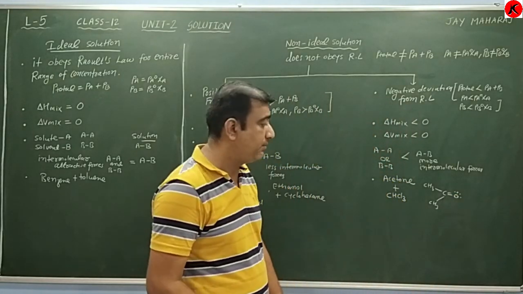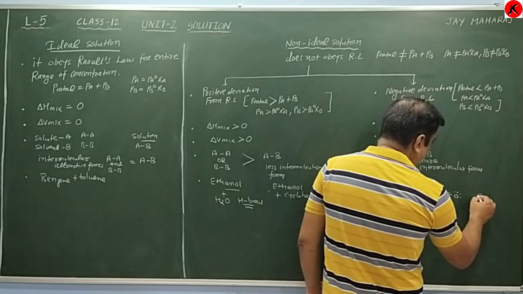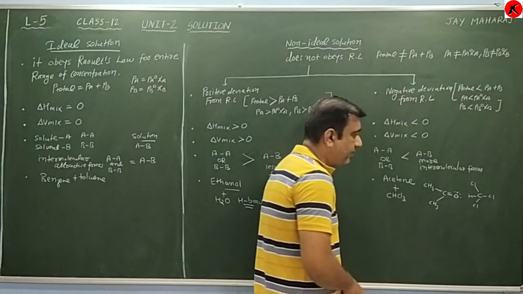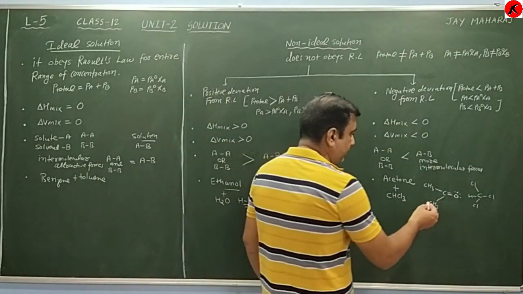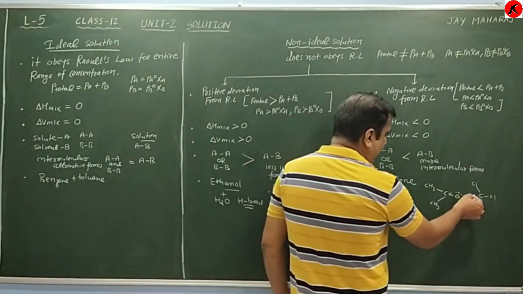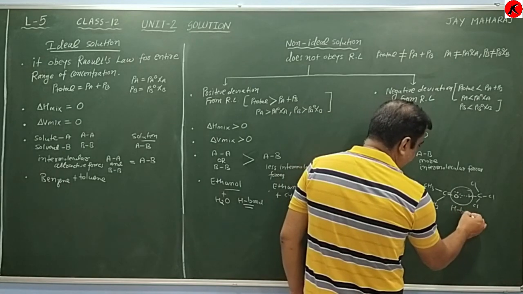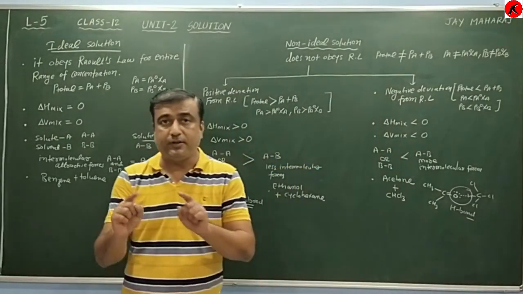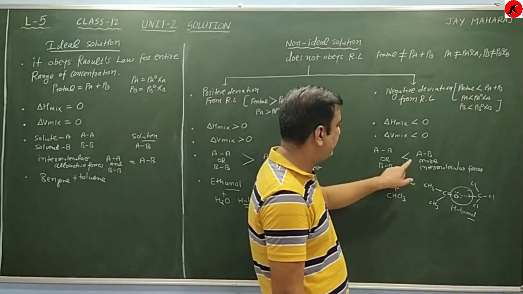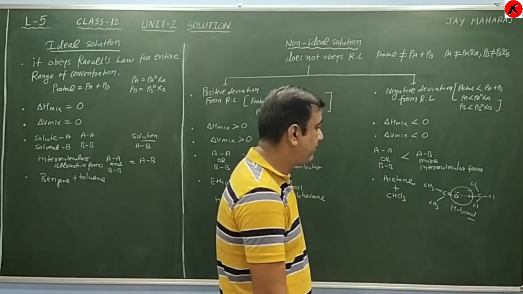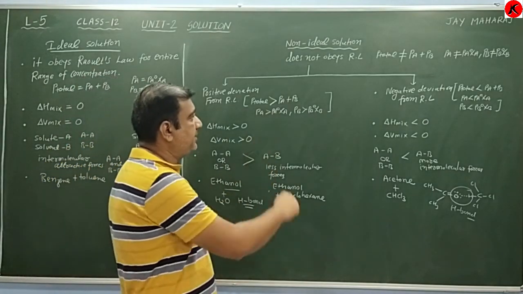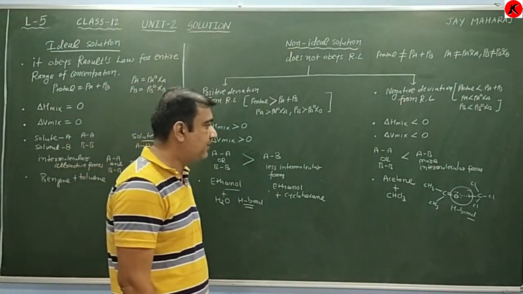When it is mixed with chloroform, that means CHCl3, the lone pair attracts the hydrogen of the chloroform. That means a hydrogen bond is formed. So the new intermolecular attractive force is greater, more strong, powerful. That means vapor pressure decreases. That means it is an example of negative deviation.